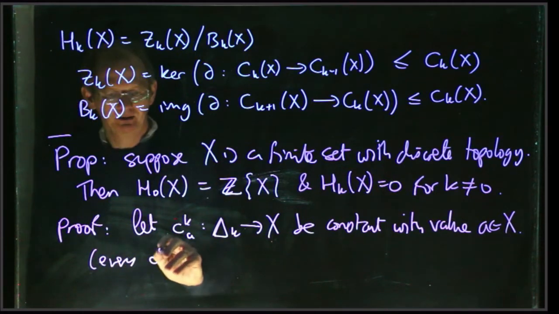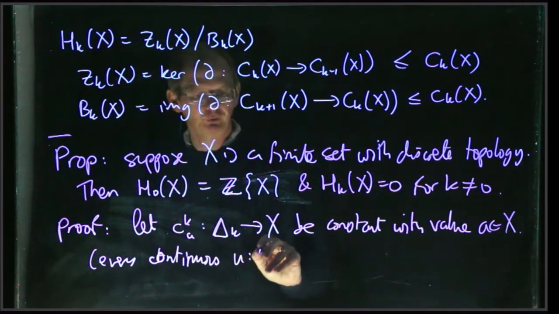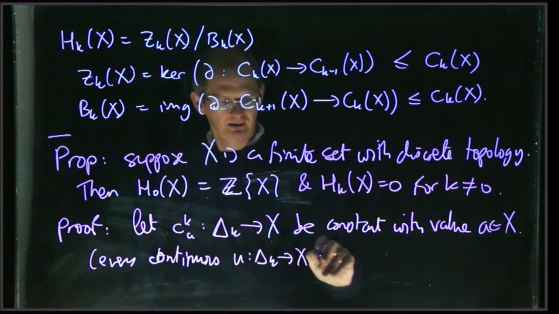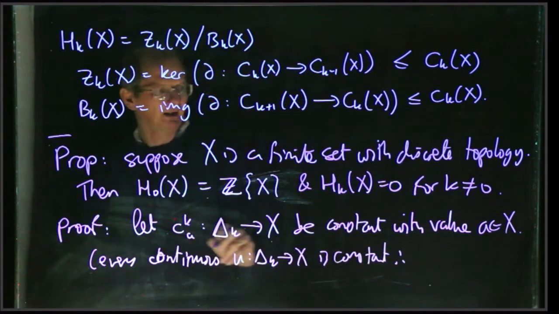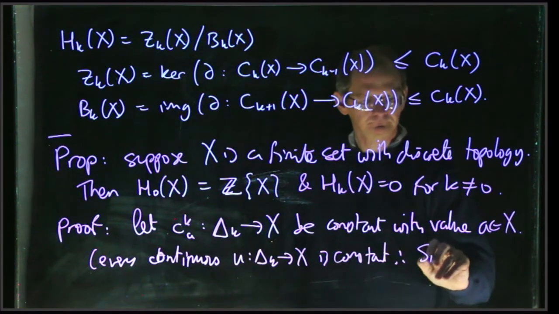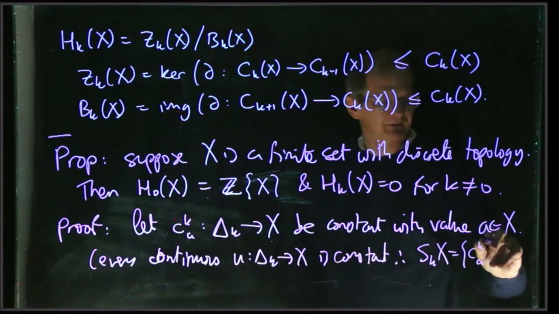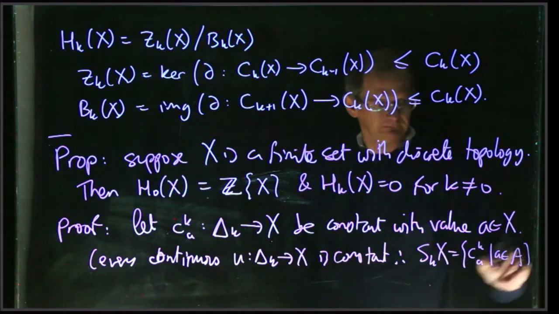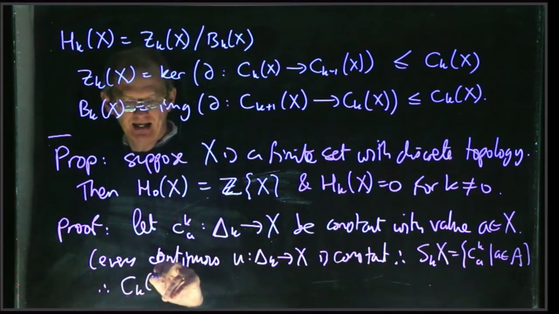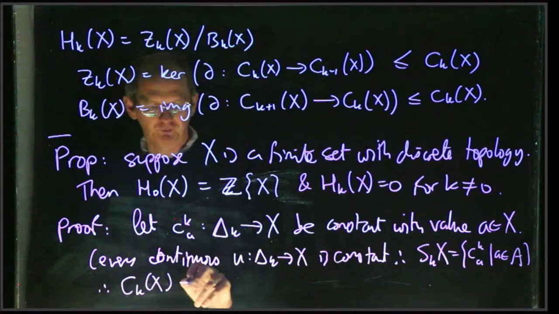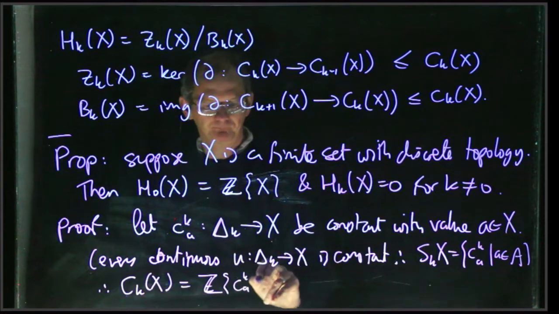So every continuous u from delta_k to X is constant. Therefore, S_k(X), the set of continuous maps, that's just equal to the set of all these c_k^a. And so the chain group C_k(X) is just the free abelian group generated by these.